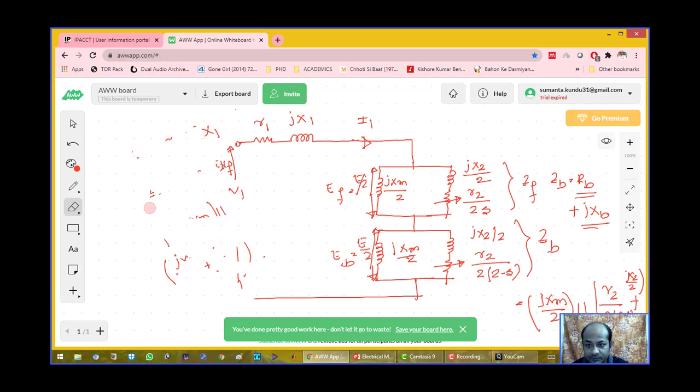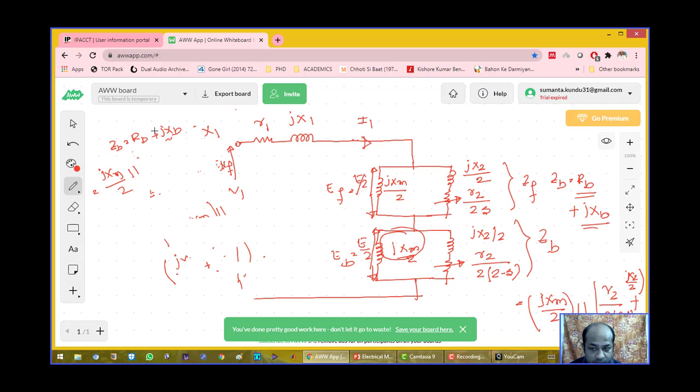My ZB is RB plus JXB, equal to JXM by 2 in parallel with the series combination of JX2 by 2 plus R2 by 2 into (2 minus S).